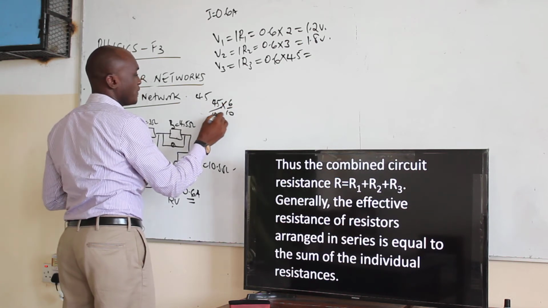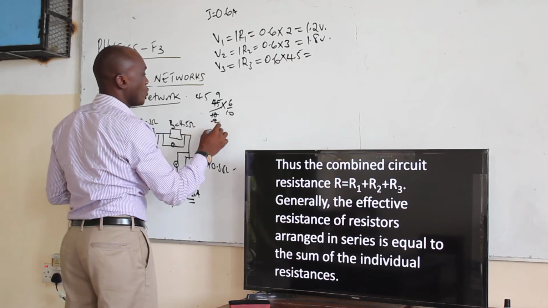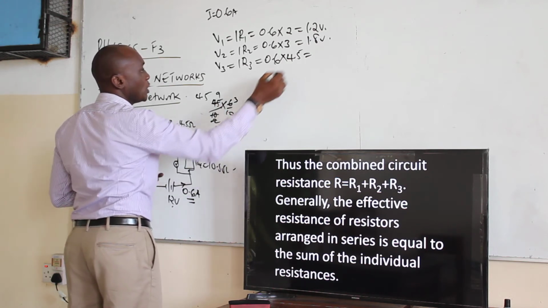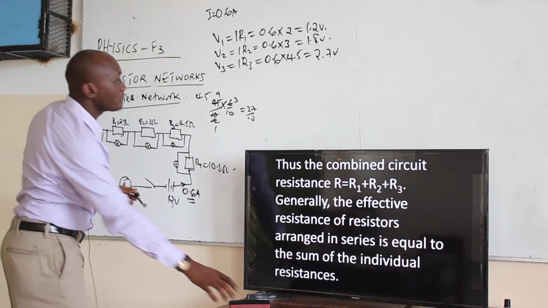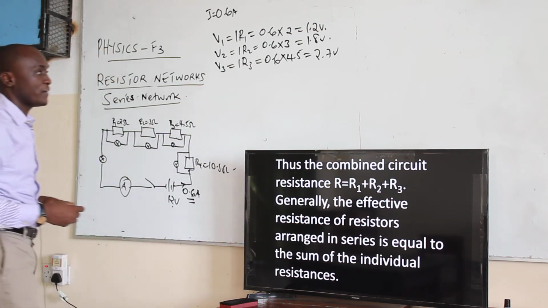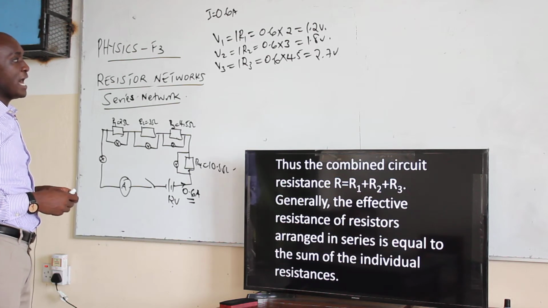That is 27 divided by 10, which gives us 2.7 V. When you multiply 0.6 by 4.5, we get 2.7 volts.